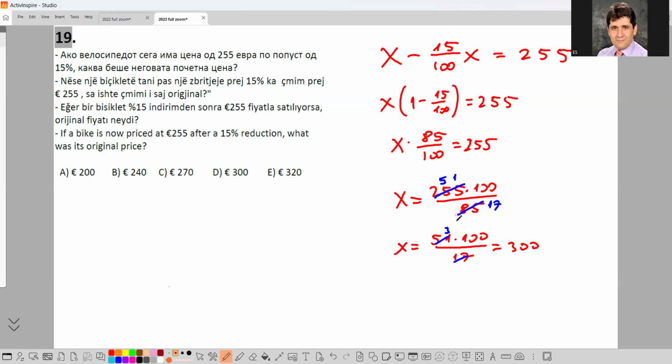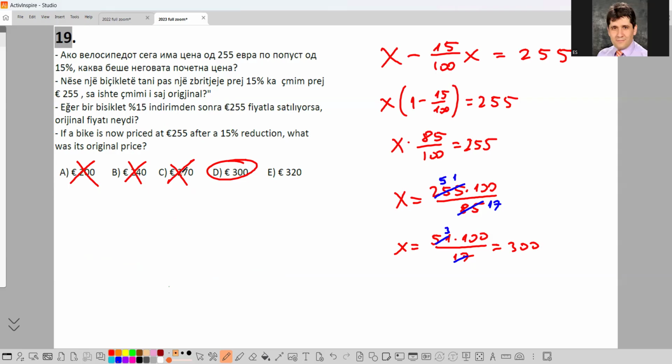Now, let's say you can't calculate it this way. Let's say I don't recall how to do the problem. In each of these amounts, try reducing 15%. Obviously, some of these options are not possible. Well, just try 200, 15% of 200 is 30.